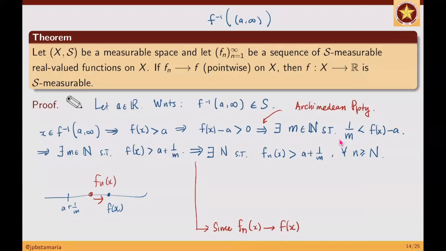Eventually, we can say that fn of x will be greater than a plus 1 over m. That's the idea. When you say eventually, there will be some index wherein for all index after that, ito ay totoo na. Alright. So let me continue.